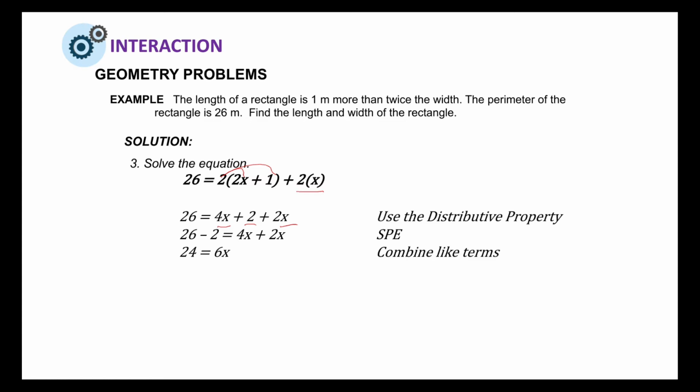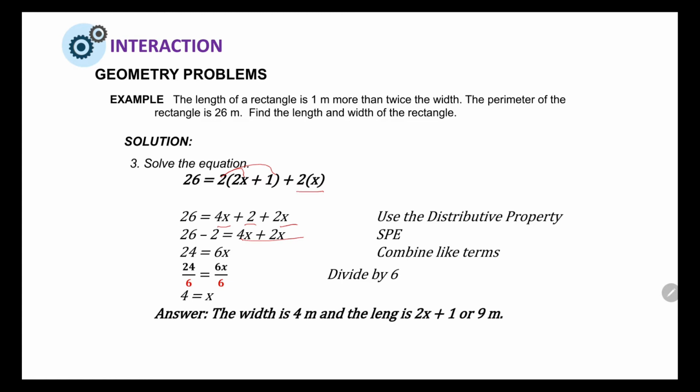Combine like terms: 24 is equal to 6x. Divide both sides by 6, where 24 divided by 6 is 4 and 6x divided by 6 is x. So the width is 4 meters.